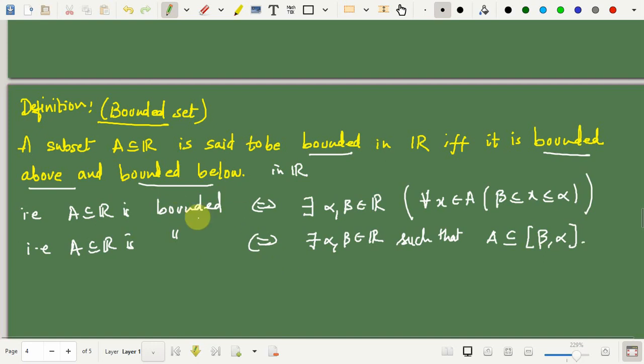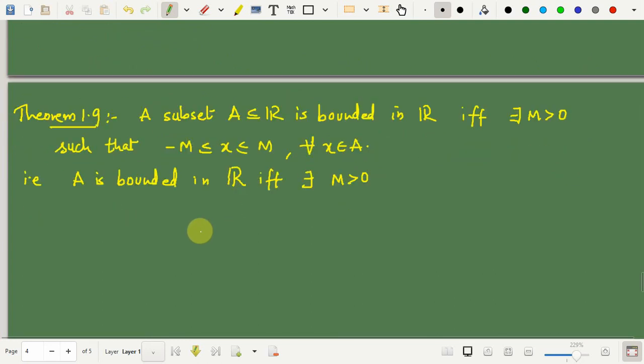And so, we have a theorem giving an equivalent statement for a bounded set. That is theorem 1.9. A subset A of R is said to be bounded in R if there exists a positive, in fact, m, such that minus m is less than or equal to x, less than or equal to m for every x in A. When you are producing it, you have to produce a number which is strictly greater than 0, since the number would be 0 if A is the singleton 0.